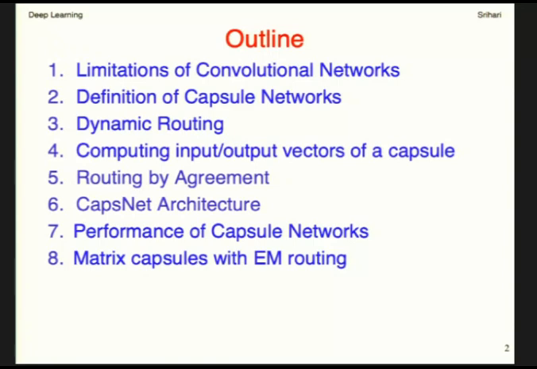And then there's a very interesting idea called dynamic routing, or routing, they call it. The dynamic routing is how values get transmitted from one layer to the next layer, not just based on a matrix multiplication, where all the weights are learned by backward propagation, but also something that is done dynamically based on what the input is.